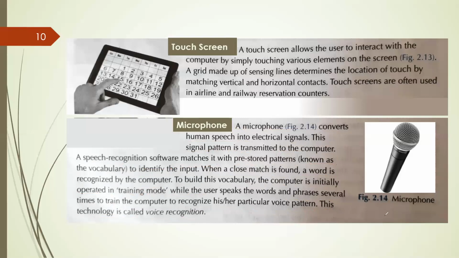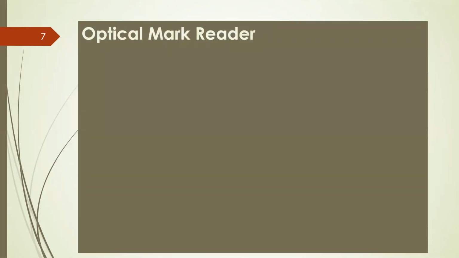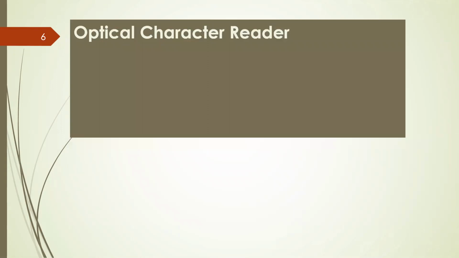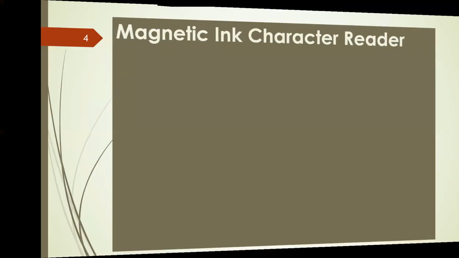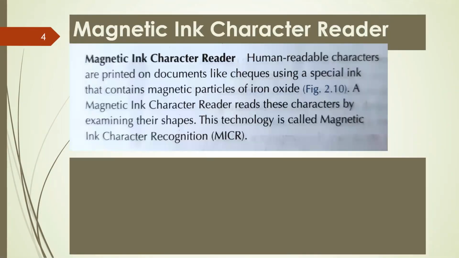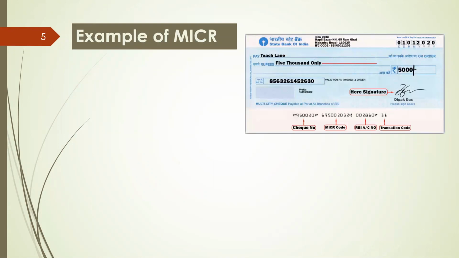Today, before going to the homework, let us just see a small revision. Where did we start from? We started from the magnetic ink reader, which reads human-readable characters printed on a checkbook and so on, for example the MICR code.